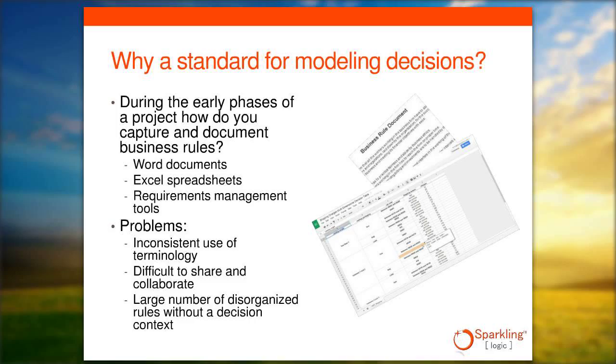And typically it's a team effort to capture and document decision logic and business rules. So collaboration becomes very important. You might need to capture this business logic and then have certain representatives, certain stakeholders in the business, sign off on that logic or approve it.